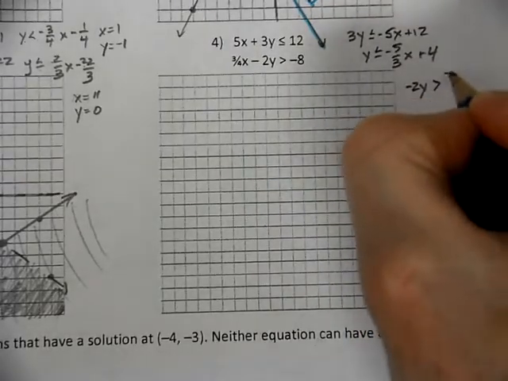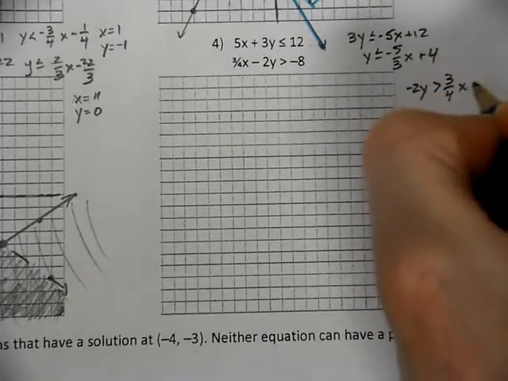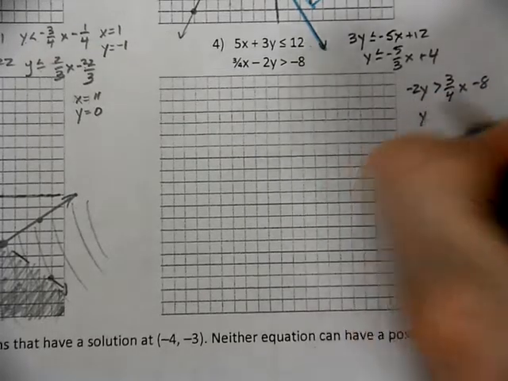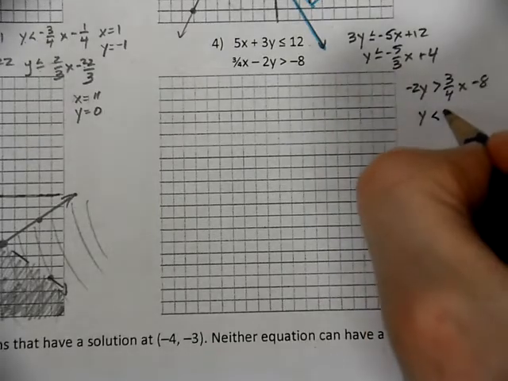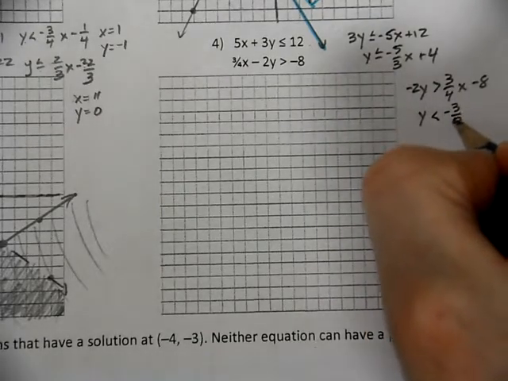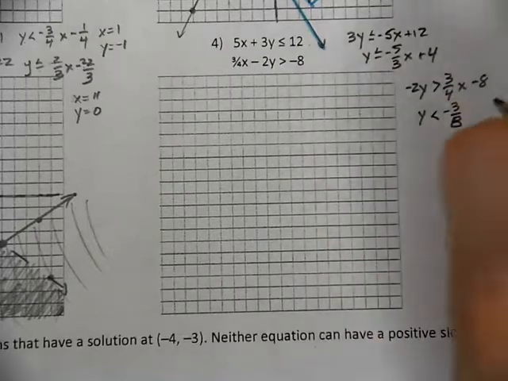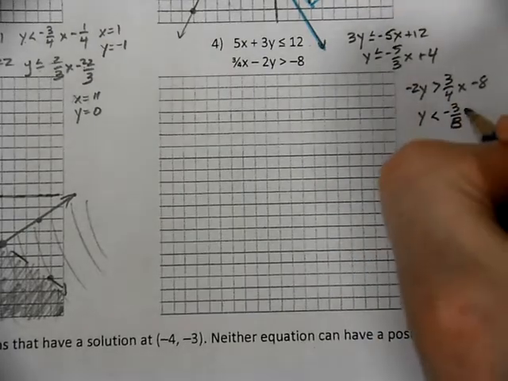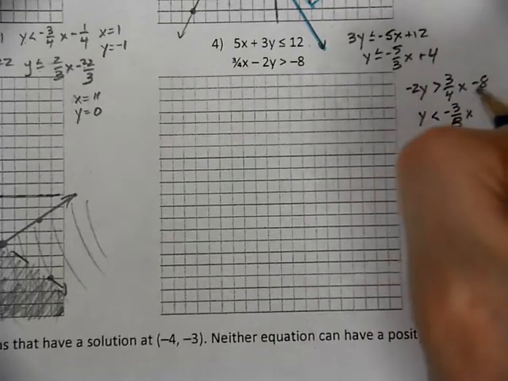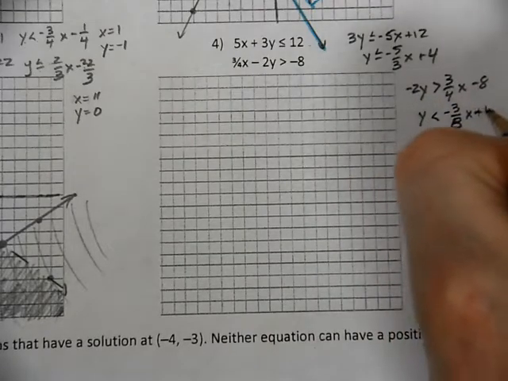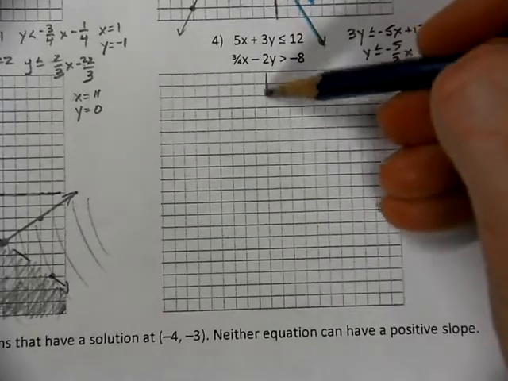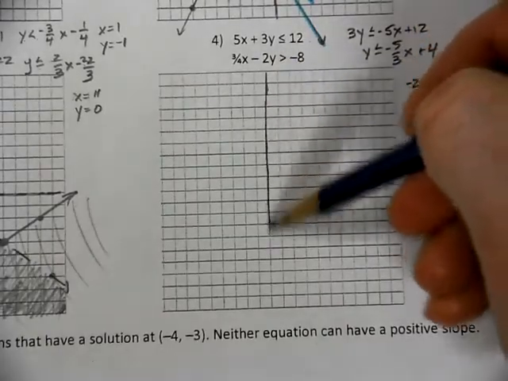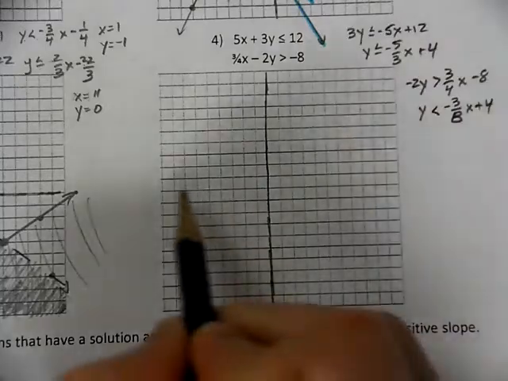Next equation, divide by the negative, so we're going to switch the sign. The negative would go into the denominator, so it's 2 times 4, which is 8, and divide to get positive 4. Looks like they're both positive 4, so that's actually our point that they share.